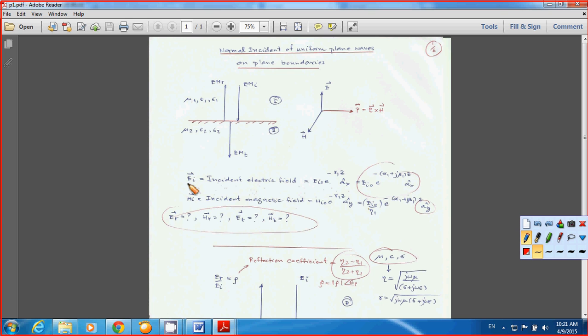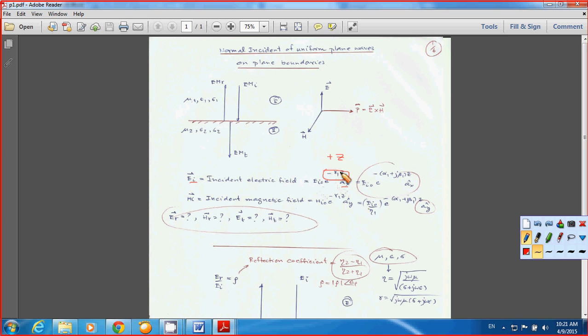doing here, if I start with the incident electric field Ei, which has only the X component, and the electromagnetic wave is moving in the positive z direction, which is represented by this term, and Ei0 is the amplitude of the incident electric field.